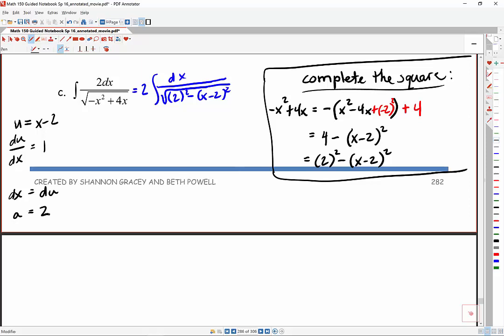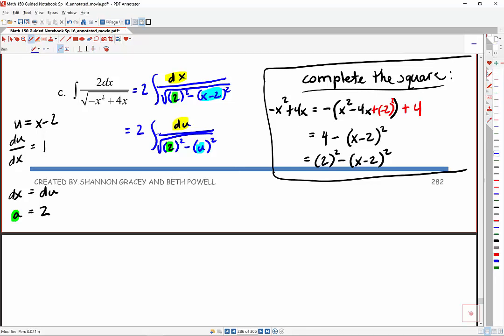Okay, so far? All right, so continuing, we will have 2 times the integral of du over the square root of 2 squared minus u squared. So this all lined up. This was our u, this was our a, and dx was equal to du.